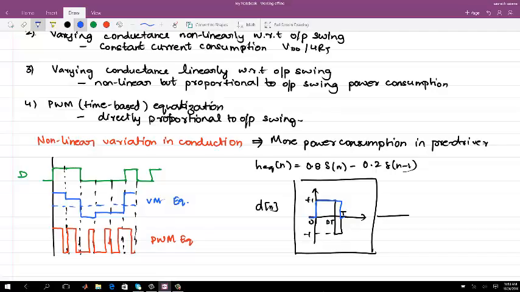I can apply this PWM modulation on these pulse widths also, certain amount by this and certain by that. Or even you can have a different pulse width. Here I have used only the D factor, one single factor. Depending on the bit pattern, I can use a different pulse width also. So those things also have been used.